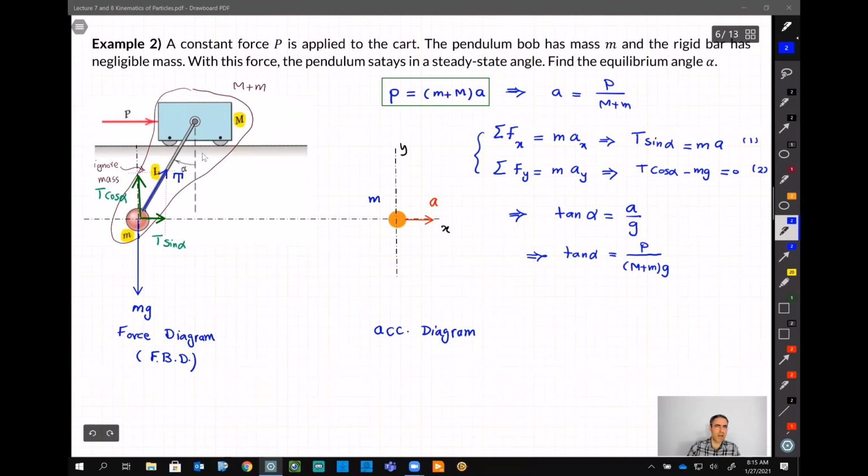As I said, zoom out from your screen, and say you're looking at the whole thing from a distance. If you look at this mechanism from, let's say, 200 meters, you will just see one dot. And this dot has one mass, M plus m.